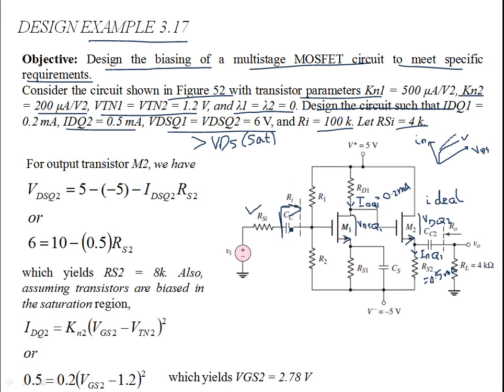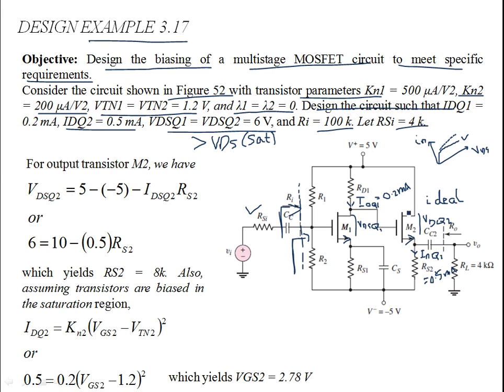But for DC analysis, you see this capacitor is open, so you're only considering the input resistance looking into the gate of the first MOSFET M1. This is your RI. So you don't need to worry about the source resistance.